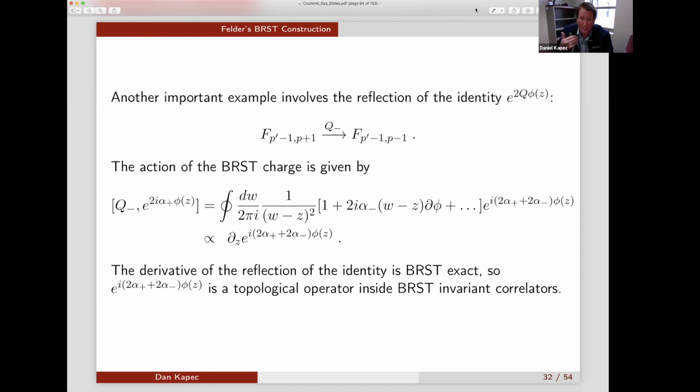So that's basically saying that this reflection of the identity is kind of like a topological operator. It's not supposed to introduce position dependence inside of BRST invariant correlation functions. And that's good because it's a dimension 0 operator. It would either be a logarithm or it shouldn't introduce dependence.